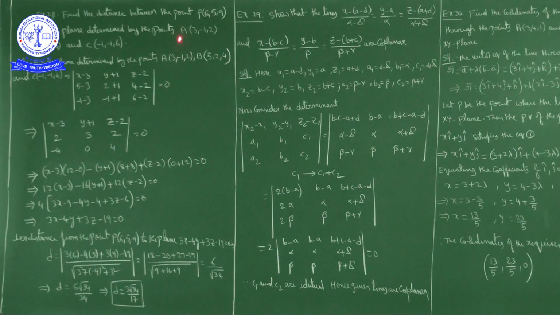Okay, what are the given 3 points? A(3, -1, 2), B(5, 2, 4), C(-1, -1, 6).